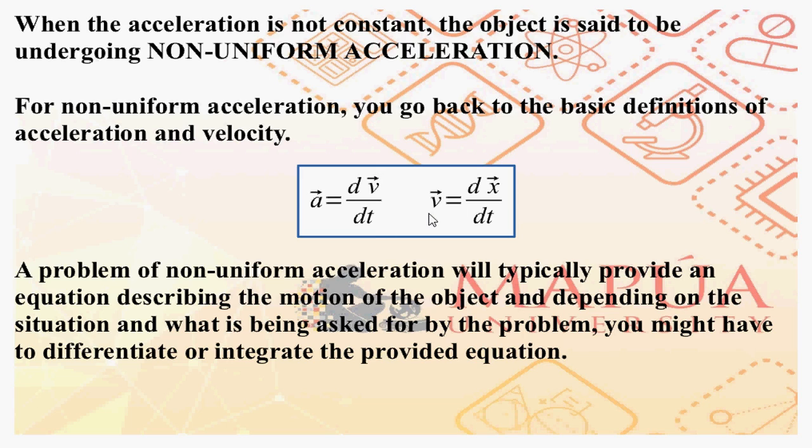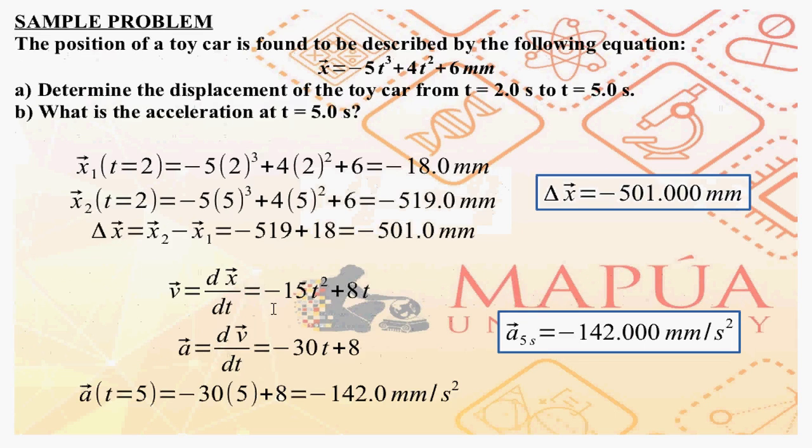Velocity is the differentiation of x with respect to time. To get the equation for velocity, we differentiate the equation of x, which is provided. So we just differentiate this equation with respect to time, dx over dt. We get negative 15t squared plus 8t.